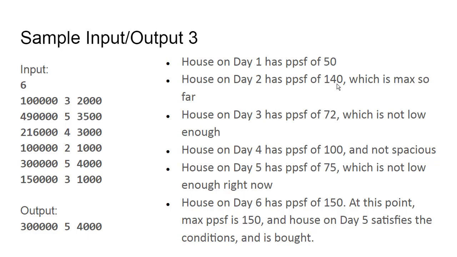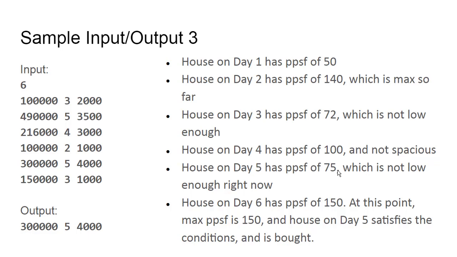So 140 is the max so far. And on day 3, the house is spacious and has a PPSF of 72, which is not low enough for now because 72 is greater than 70. The house on day 4 has a PPSF of 100 and is not spacious. The house on day 5 has a PPSF of 75, which is not low enough right now.